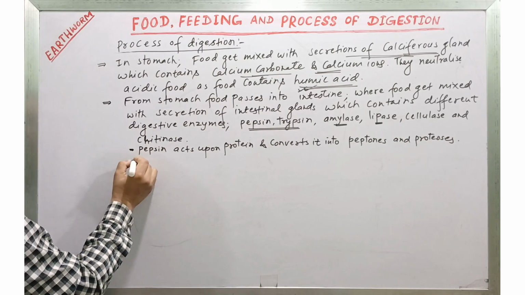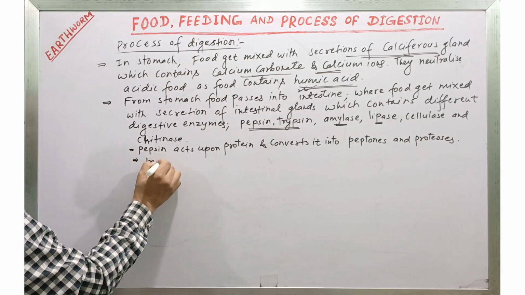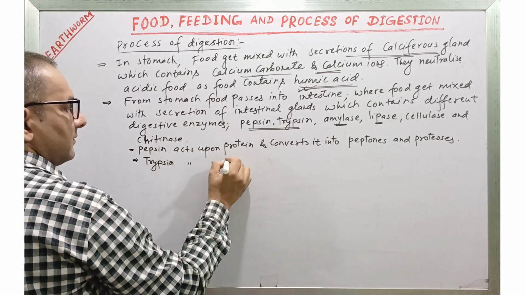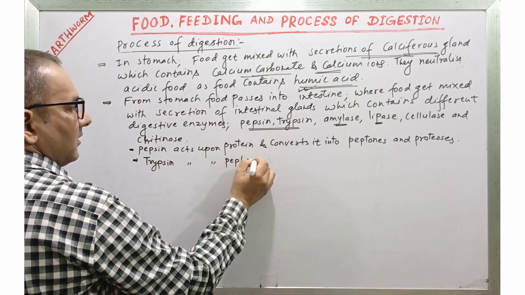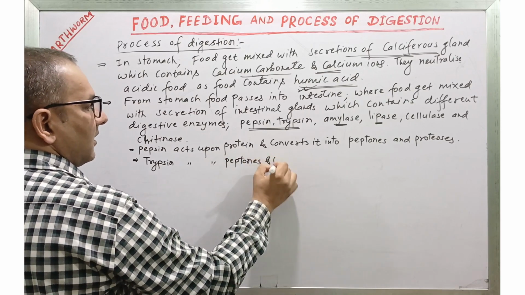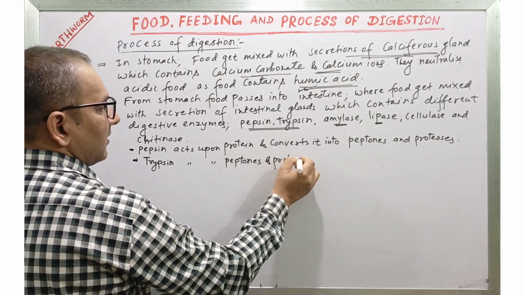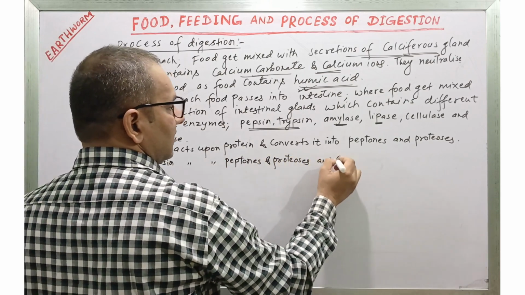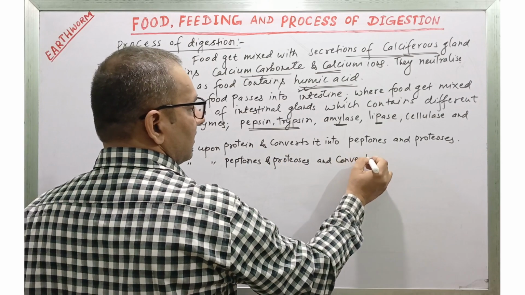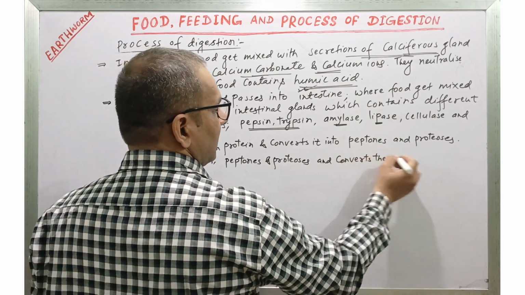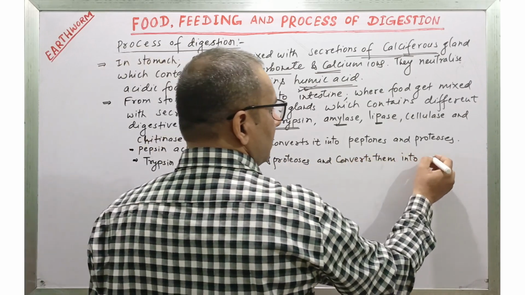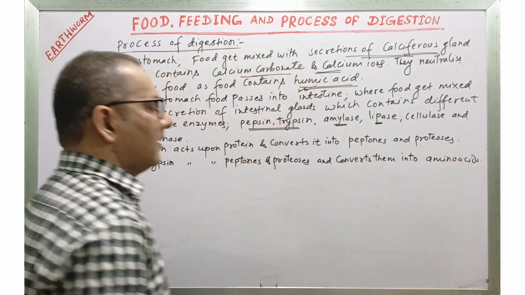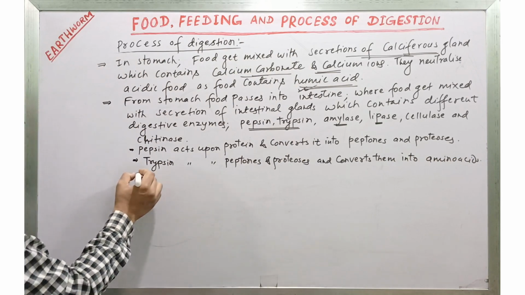In the same way, trypsin acts upon peptones and proteases and converts them into amino acids.